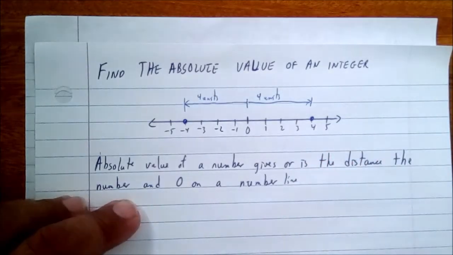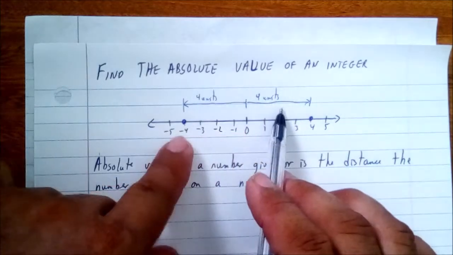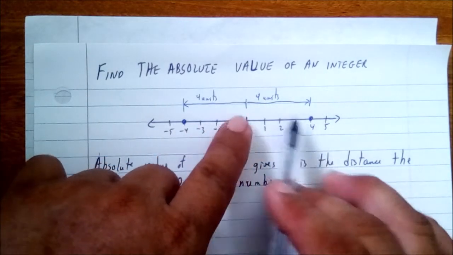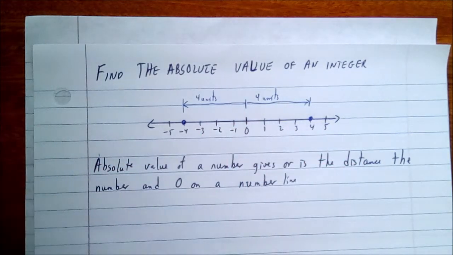Okay, that's all it means. The absolute value simply means tell me what's the distance. So regardless if it's -4, it is still 4 units away. If it's +4, it is 4 units away. So that's all for the absolute value.